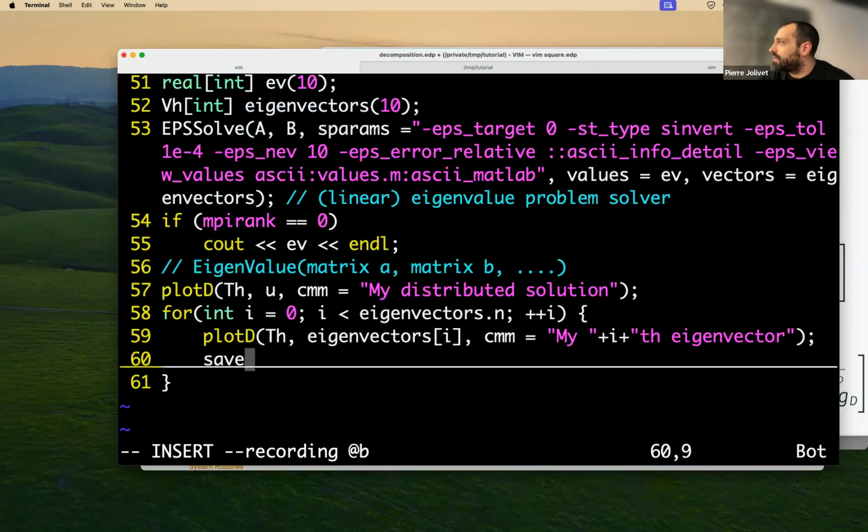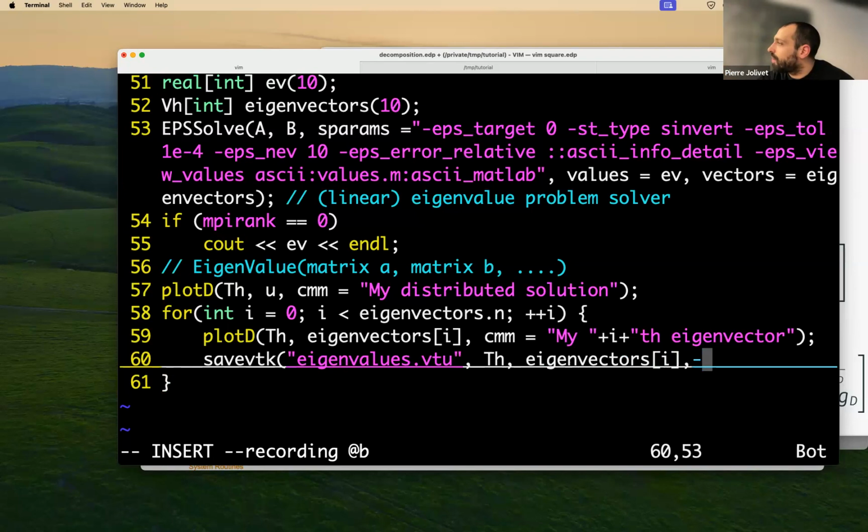And so the API is savevtk, the name of the file. So eigenvalues.vtu, the name of the mesh, the name of the vectors that you want to save to file.